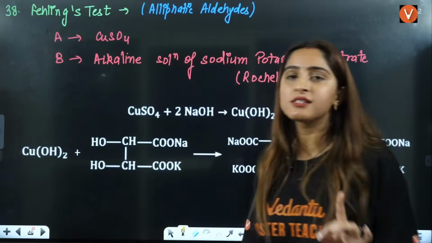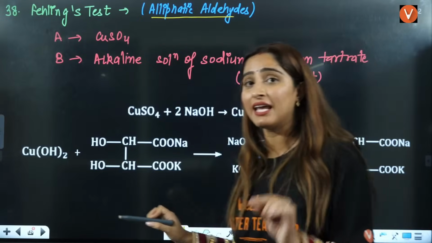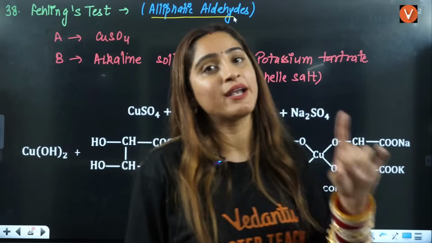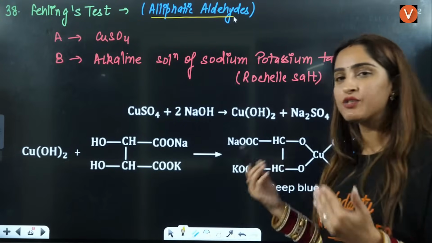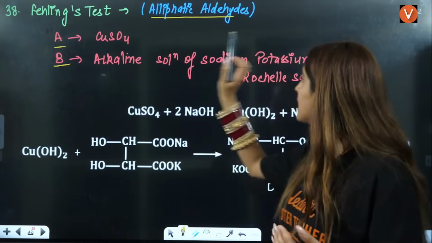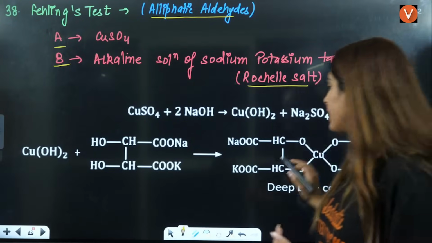In Fehling's test, that is for the identification of only aliphatic aldehyde, not aromatic aldehyde. Don't get confused. Aromatic aldehyde we can't test with Fehling's test. So what is Fehling's test? You have two solutions, Fehling A and Fehling B. A has CuSO4, B has Rochelle salt, that is alkaline solution of sodium potassium tartrate.